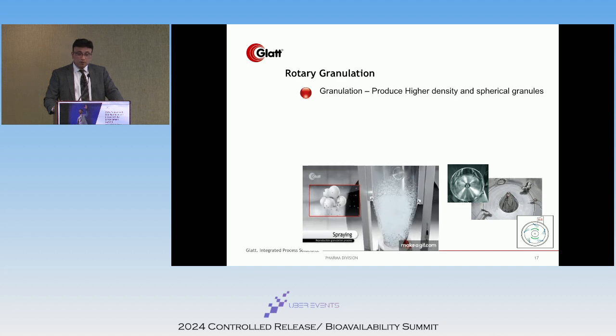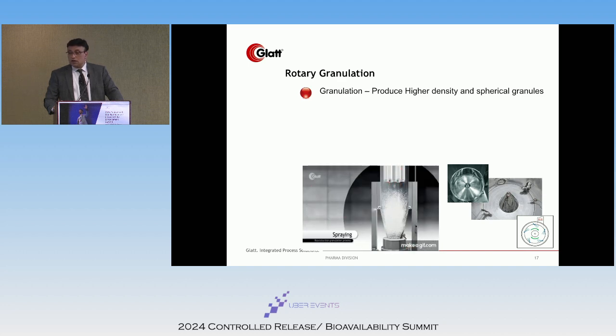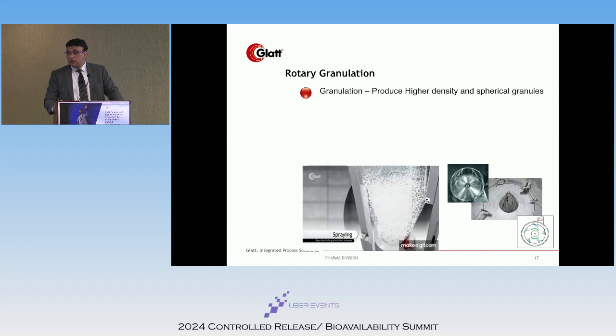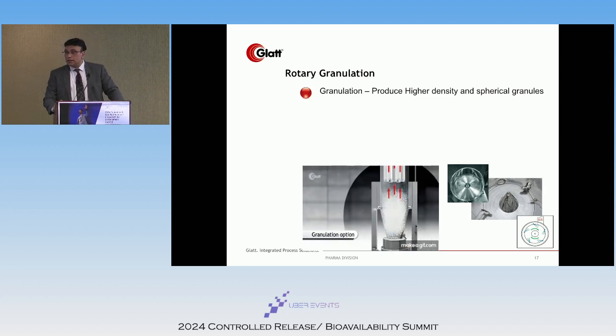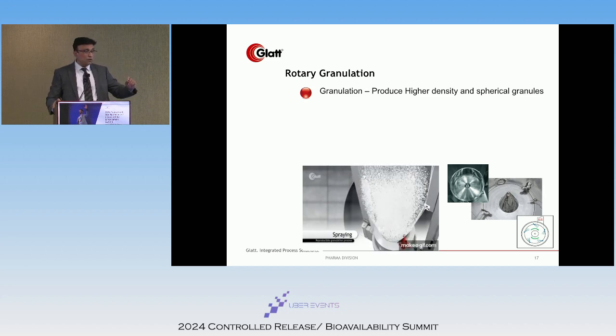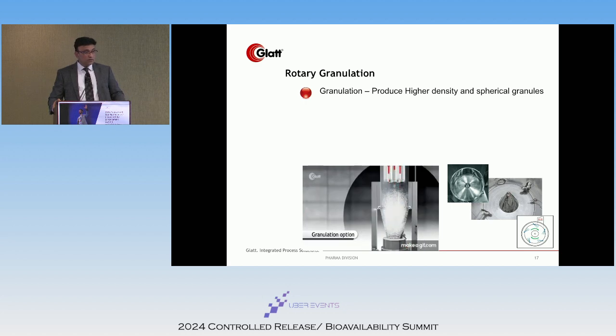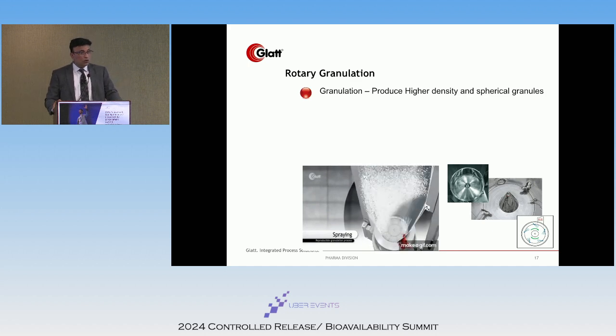The main purpose of this is if you have very high drug loading and porous granules, the density will be low. In that case, you may not be able to fill it into a size 0 capsule or a smaller capsule. So if you can make the granules a little more dense, you should be able to fill it in a smaller dosage form, which is desired.